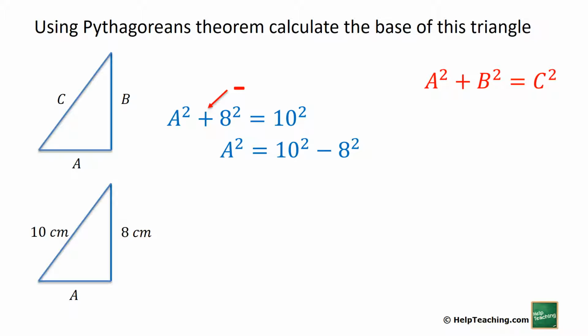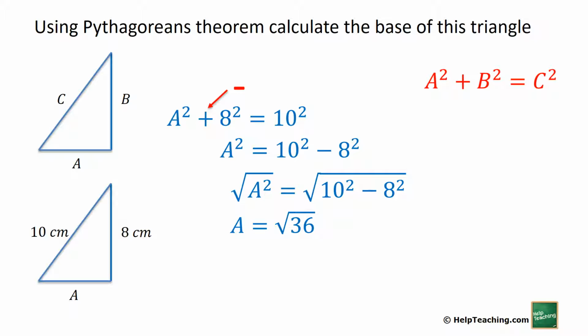Now we can square root both sides to turn the a squared into an a. So if we take the square root of 10 squared minus 8 squared, that's 100 minus 64, we get the square root of 36. And the square root of a squared is just a. The square root of 36 is 6. So the base of this triangle is 6 centimeters.